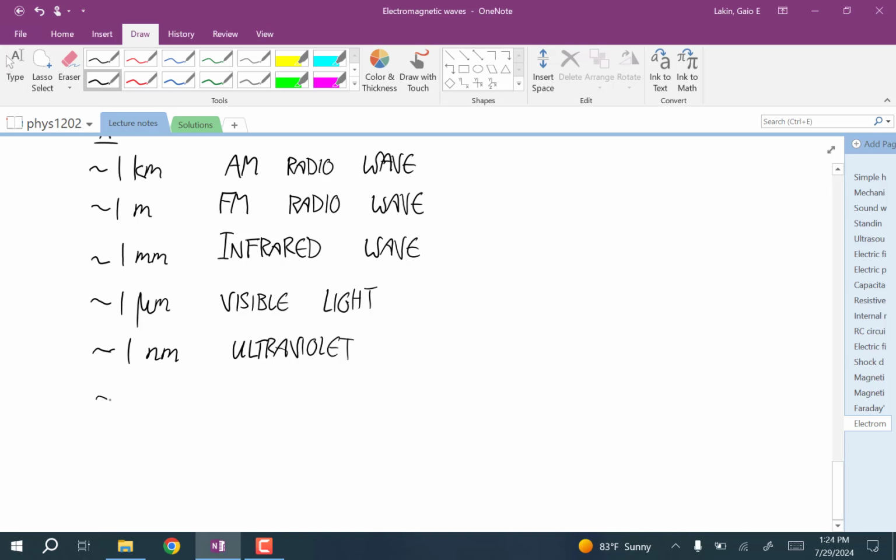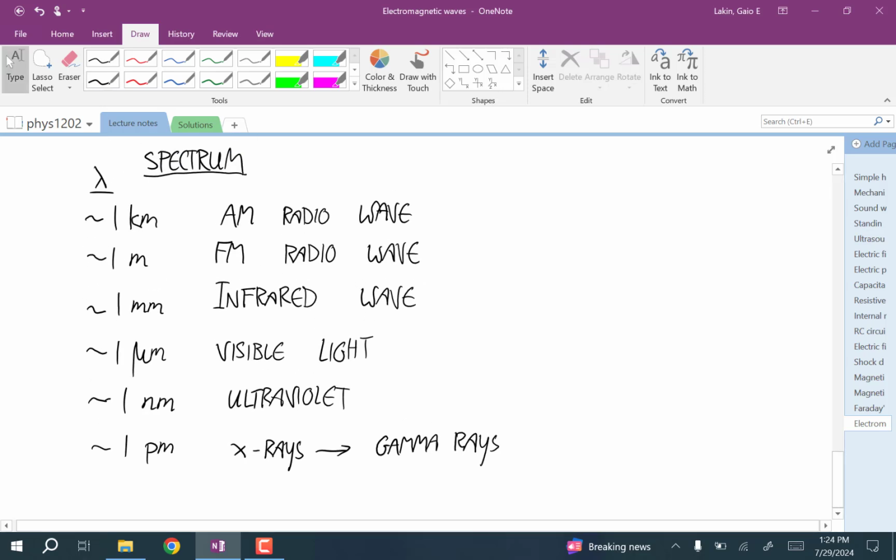And then finally, as you get around 1 picometer, we have first X-rays, and then as the wavelength goes down from there, we get to gamma rays. So these are the different categories of electromagnetic waves, but the only difference between them is the wavelength.